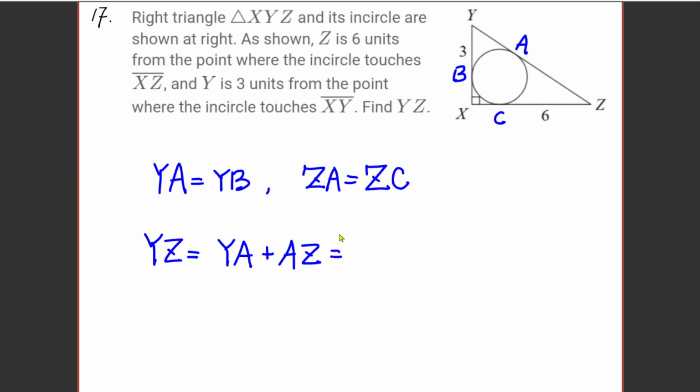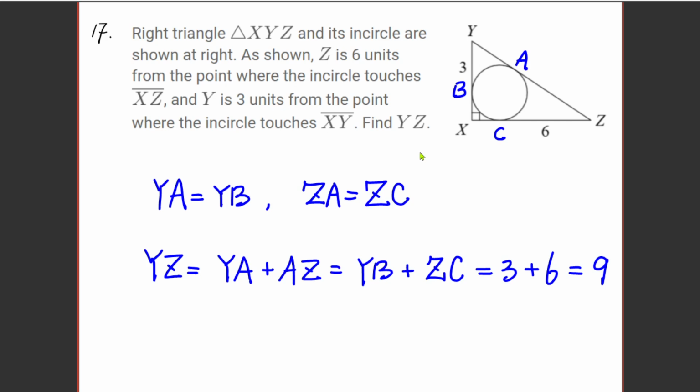Well, YA equals YB, so we have YB plus, well, AZ equals ZC, right? So that's YB plus ZC. And we know YB is 3 and ZC is 6. So eventually YZ is 9, right? Also very straightforward question here.